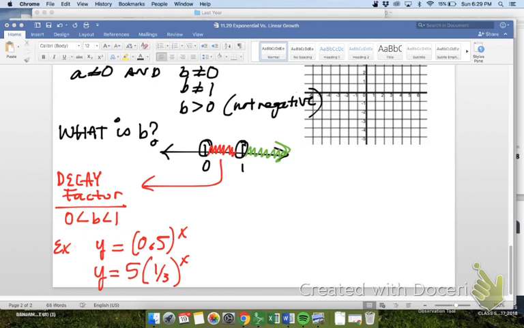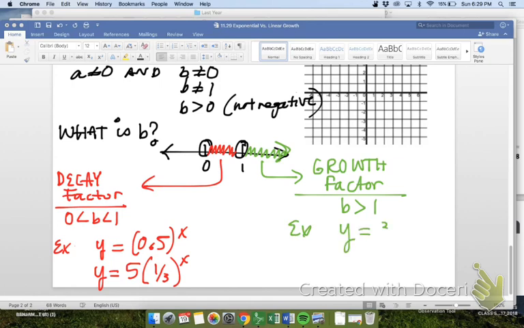And then for values greater than 1, we end up with a growth factor. So some quick examples would look like y equals 3 to the x, or y equals 1/2 times 5 to the x. And we'll be practicing with this tomorrow in class.